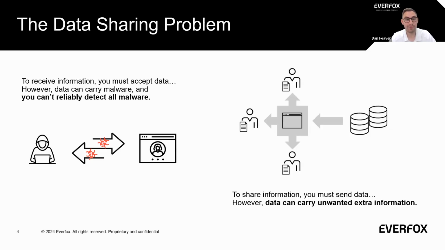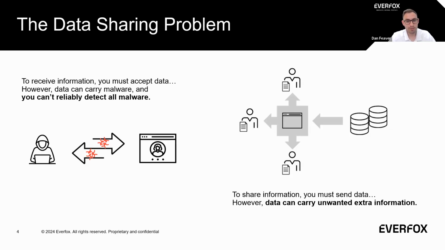So data is carrying the information that you need to pass into that cross-domain. And the problem with that is data can carry malware. And when dealing with cross-domain solutions, you're not dealing with your traditional types of malware. You're dealing with new malware, unknown malware. So your approach to how you defeat that malware must be different.